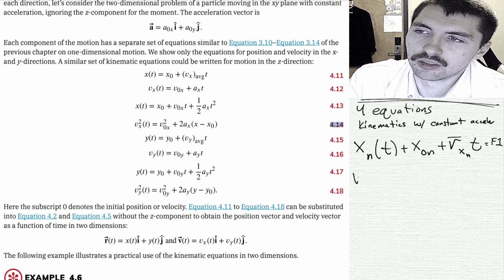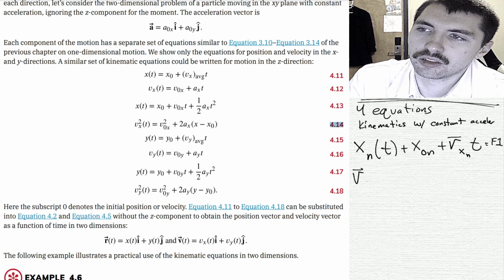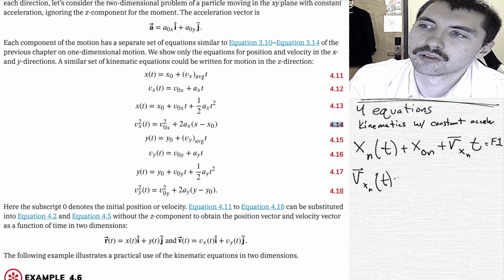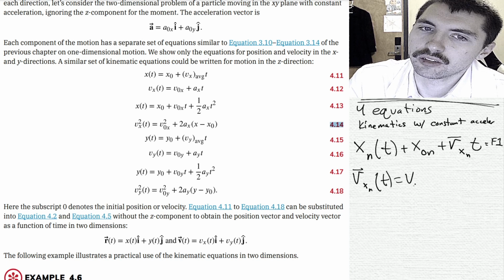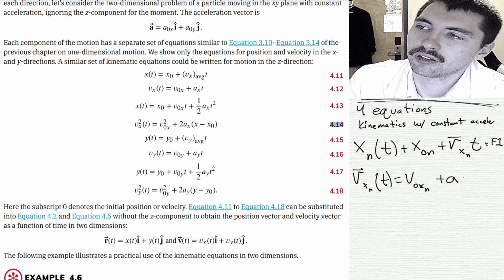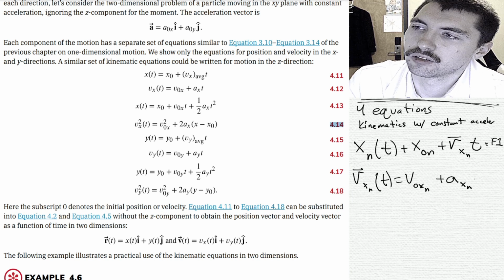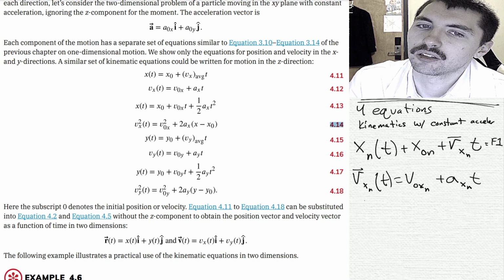Okay, so then velocity of x of the nth dimension is v naught of the nth dimension plus a of the nth dimension times t.